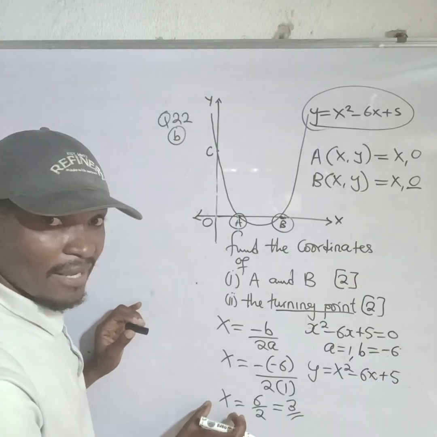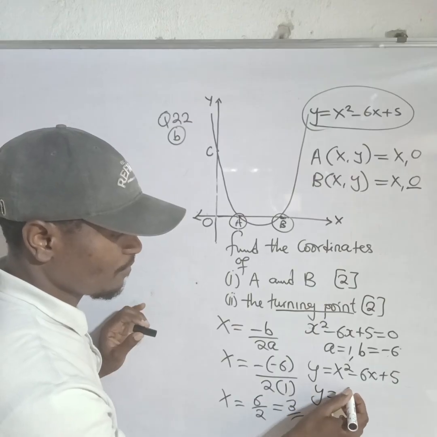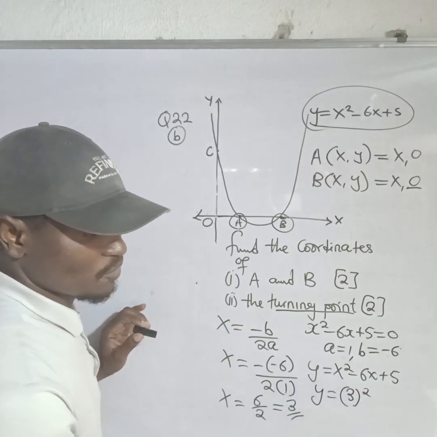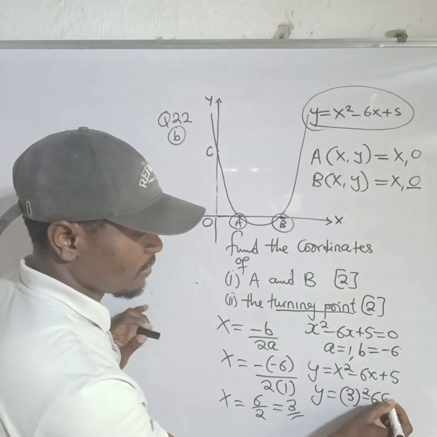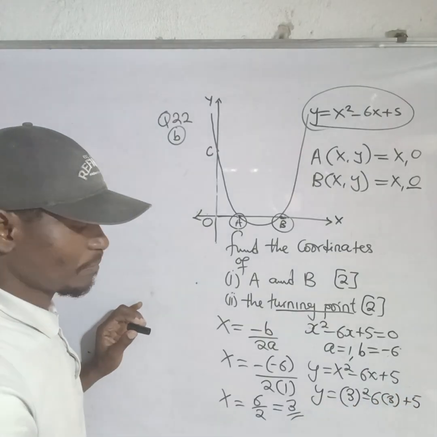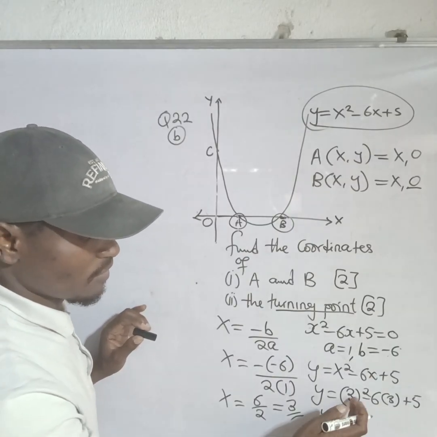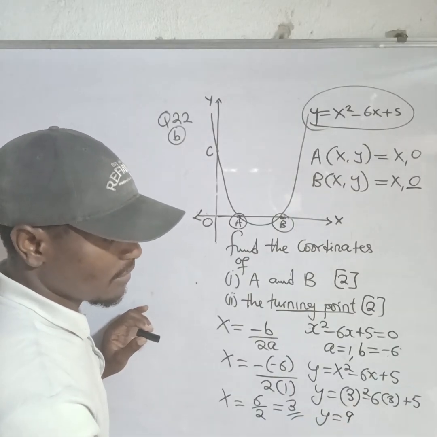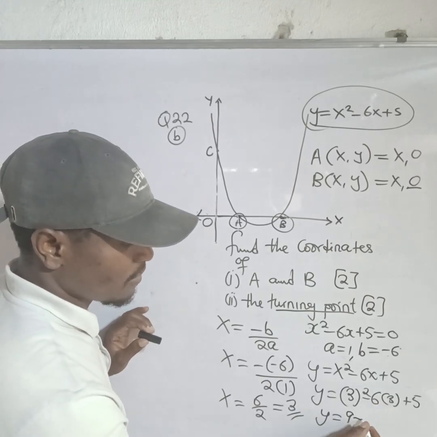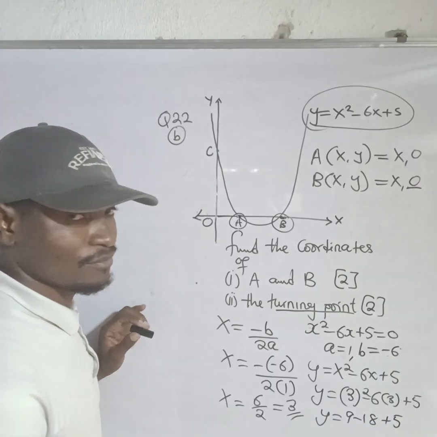We know that x is 3, so we substitute 3 here. Then we simplify: 3 squared is 9, then negative 6 times 3 is negative 18, plus 5.